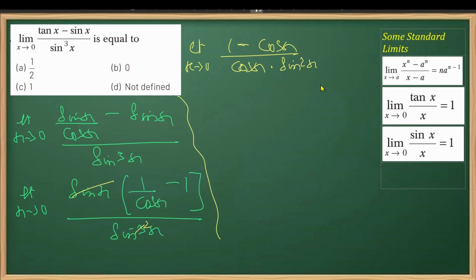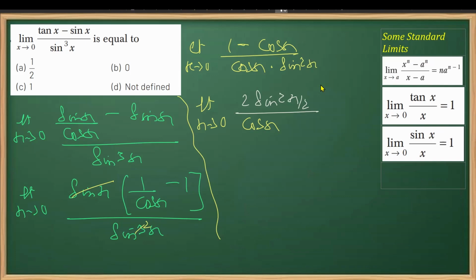Now check, we can continue to apply trigonometric identity. 1 minus cos x is what? It should give you 1 minus cos x is 2 sine square x over 2, that divided by cos x. Check here, we can convert this also in terms of x over 2 by applying half angle property.